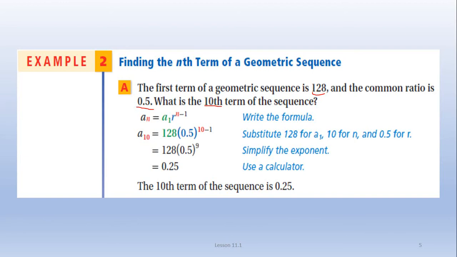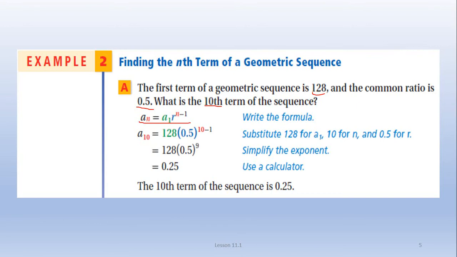The 10th term means n is equal to 10. So let's go back to the formula that we got before: an is equal to a1 times r raised to the power of n minus 1. Since it is the 10th term, n is equal to 10.